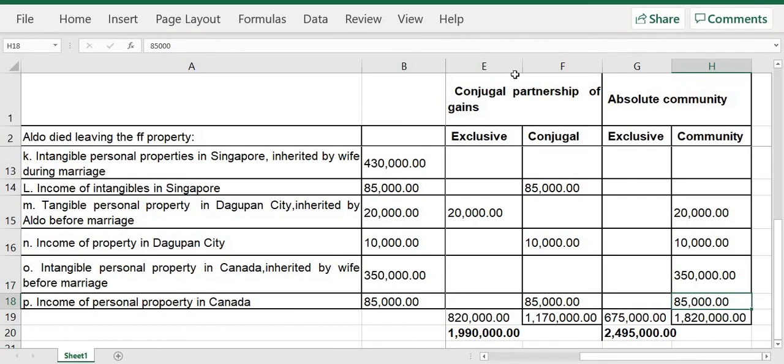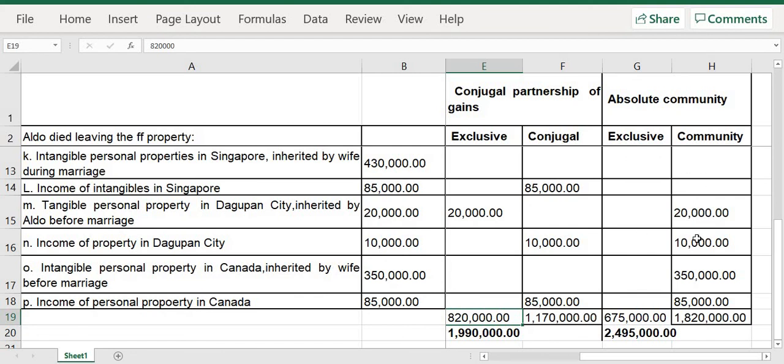Okay? So to compute the total worth of the exclusive property under conjugal partnership of gains, that's 820,000. Under absolute community of property, that's 675,000. Ayan. The conjugal properties naman under conjugal partnership of gains is 1,170,000.